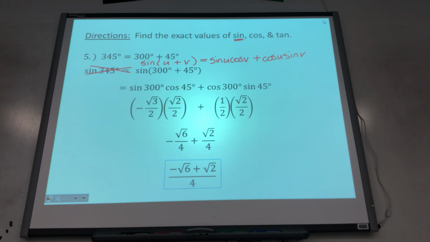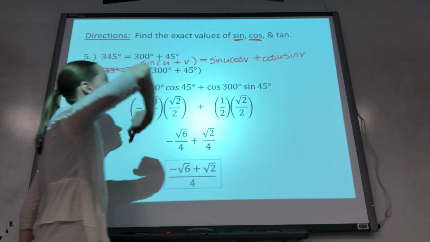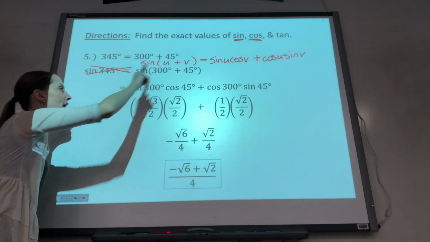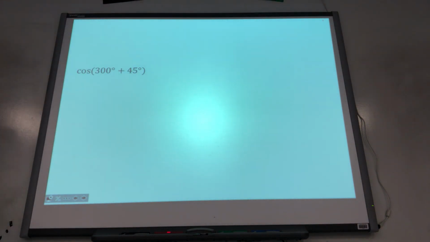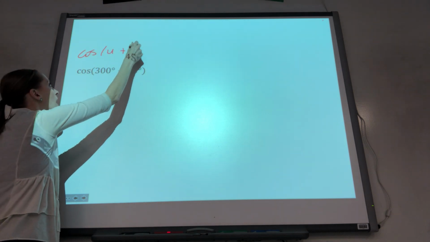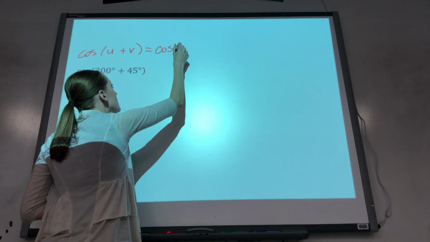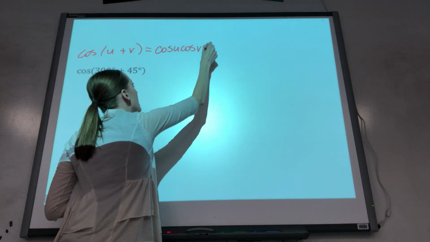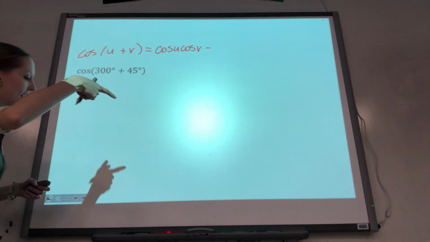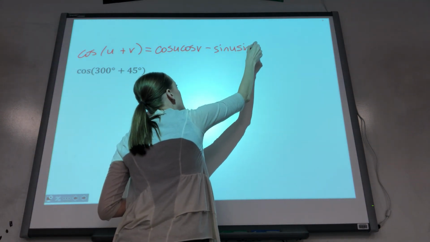Now, we still have a couple more parts. That was just sine. So now I'm going to find cosine of u plus v. That's on my next slide here. Cosine of u plus v: cosine of u, cosine of v, minus sine of u, sine of v.